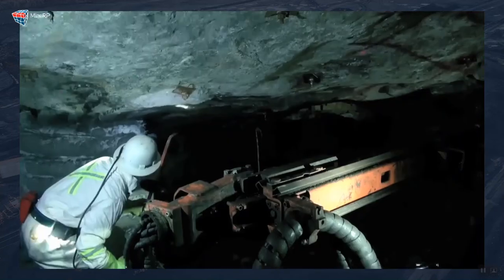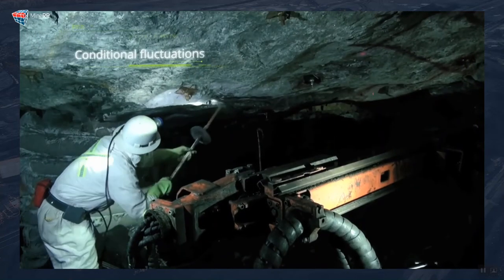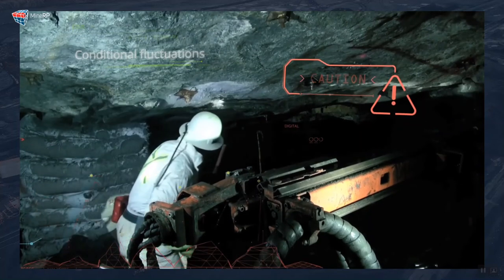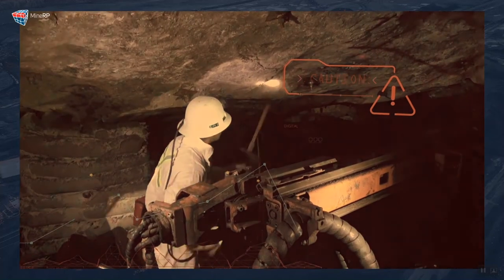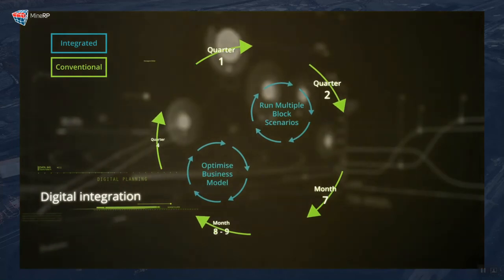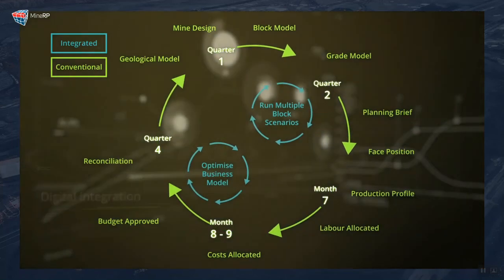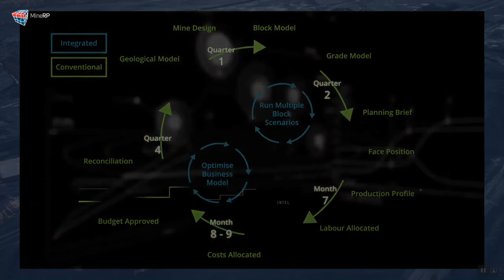Conditional fluctuations influence the ability to work according to a plan, and the conventional replanning process dealing with unforeseen incidents and exceptions is a cumbersome long-term process. Through the digital integration of the ventilation strategy, the geological and rock engineering strategy, financial information, and maintenance scheduling, this difficult process is drastically streamlined.